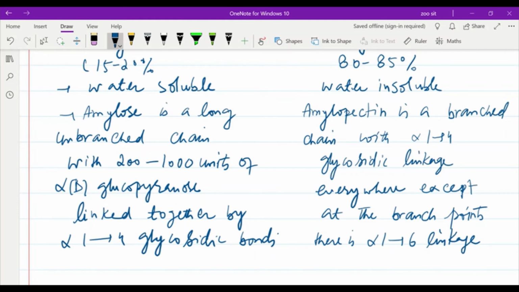So these are the two main differences between amylose and amylopectin, and both together make the starch.